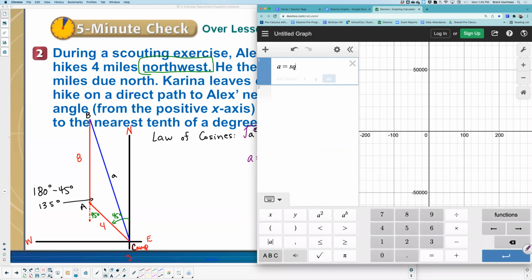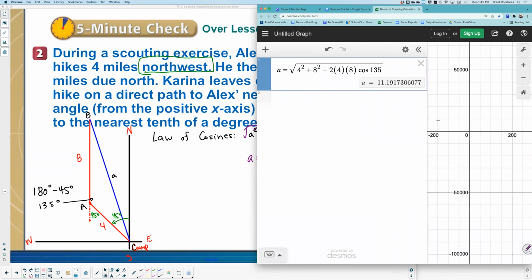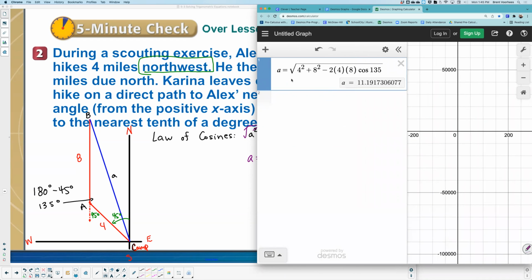So A would equal the square root of 4 squared plus 8 squared minus 2 times 4 times 8 times the cosine of 135. Now, there's likely going to be a mistake on mine or yours. You need to check the mode.